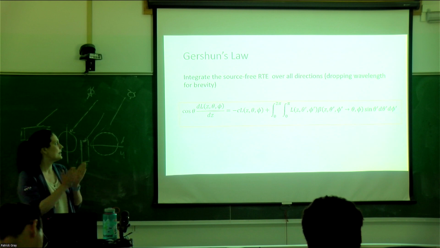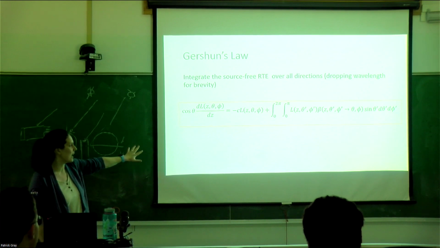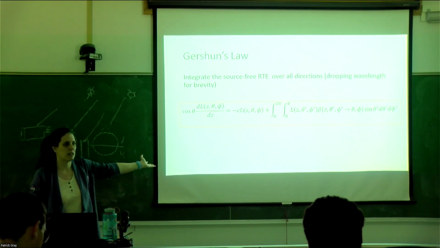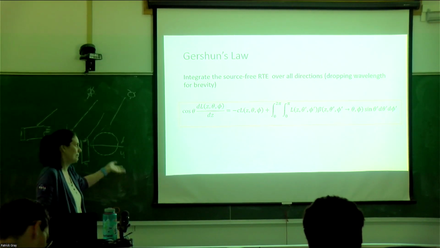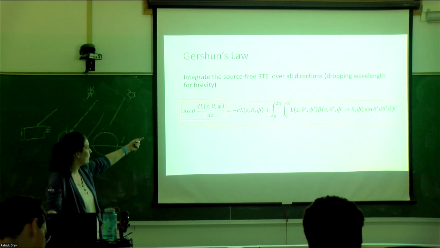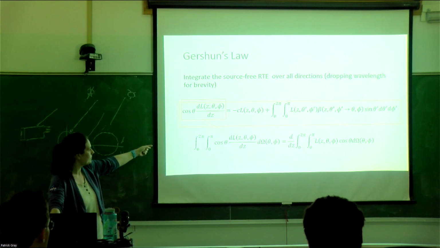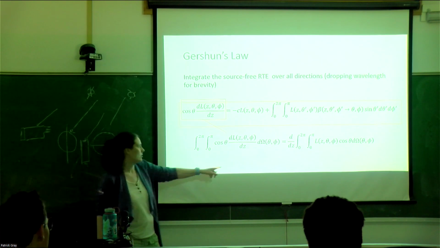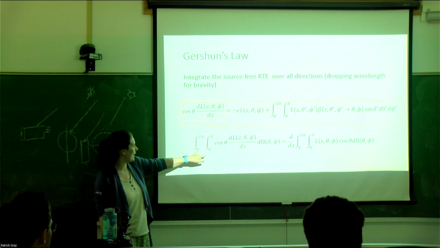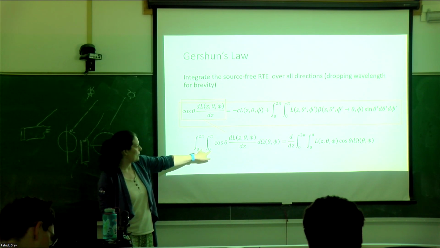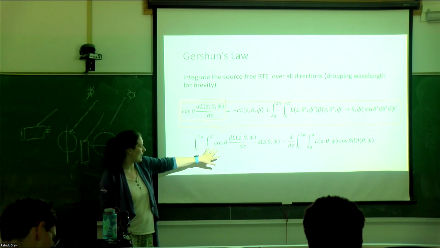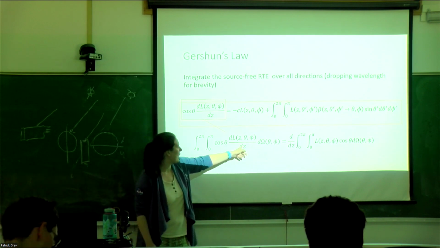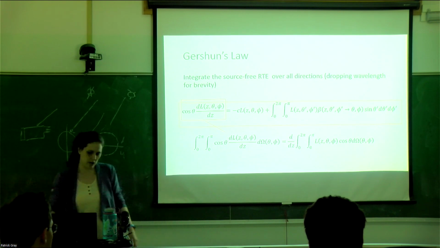So here we're dropping wavelength again, just to save writing it out every time. And say we decide we want to integrate this equation. Okay, just because, why not? So if we integrate this term over all directions, so over a solid angle, this is just rearranging and pulling the derivative out to the front.